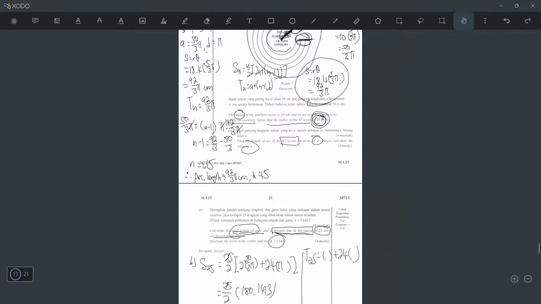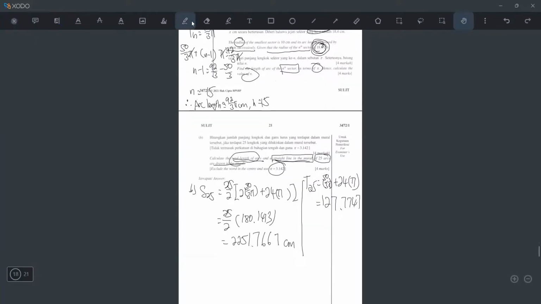The a will be 50/3 pi, and d is pi. They say use 3.142, so just press it: 50 divide 3 times 3.142 plus 24 times 3.142. You get like 127.7747.